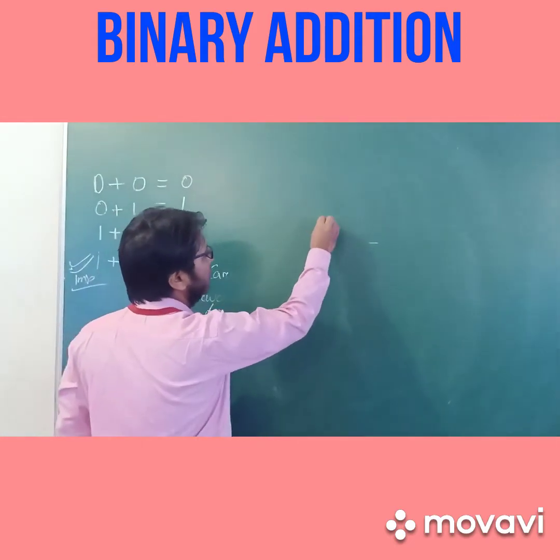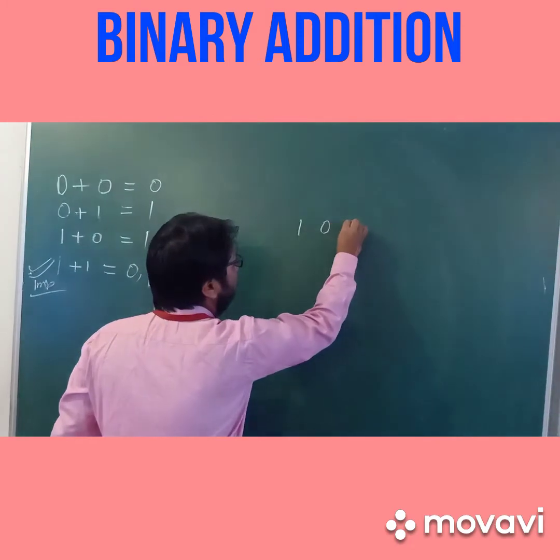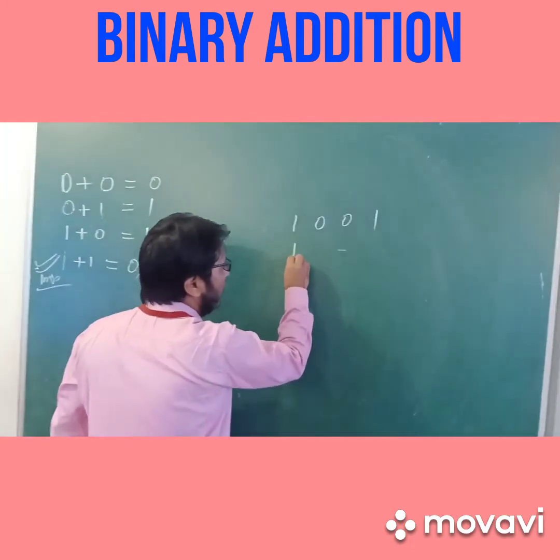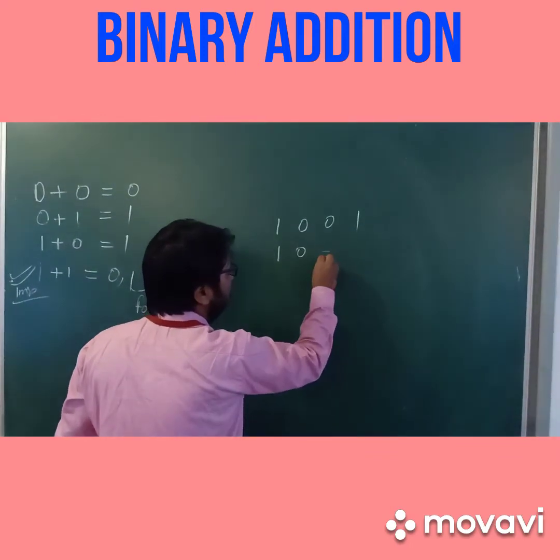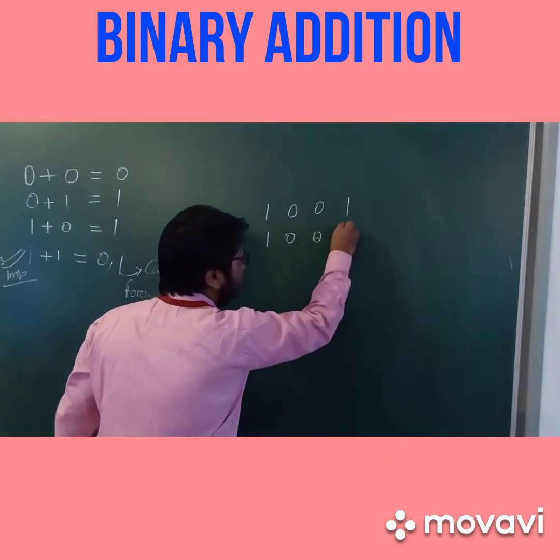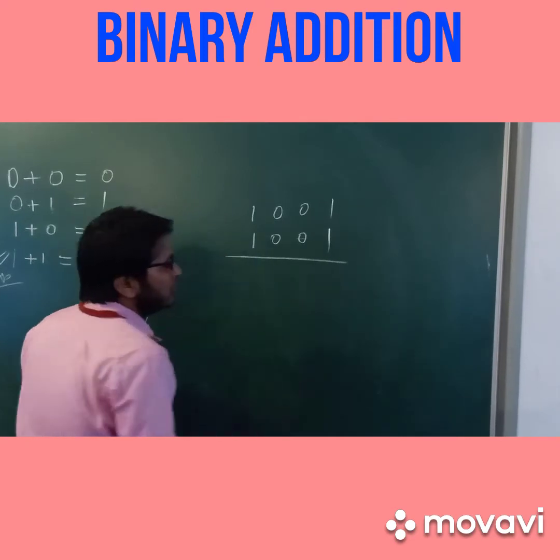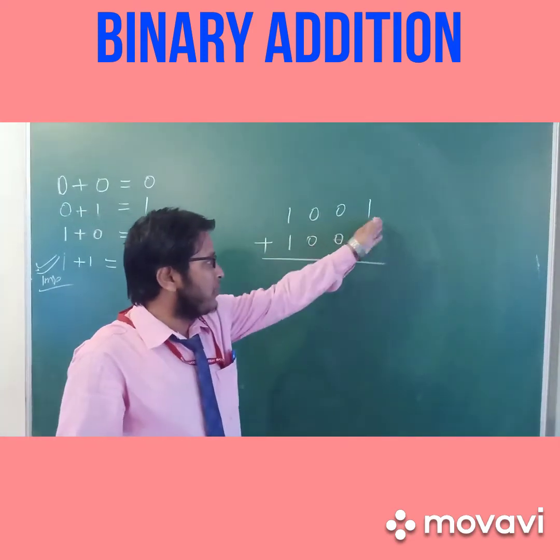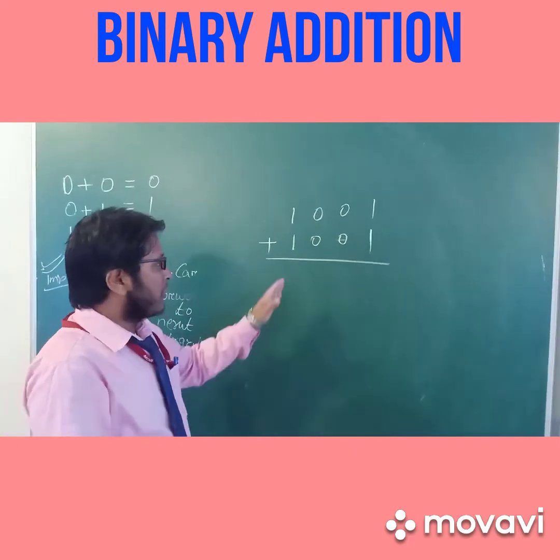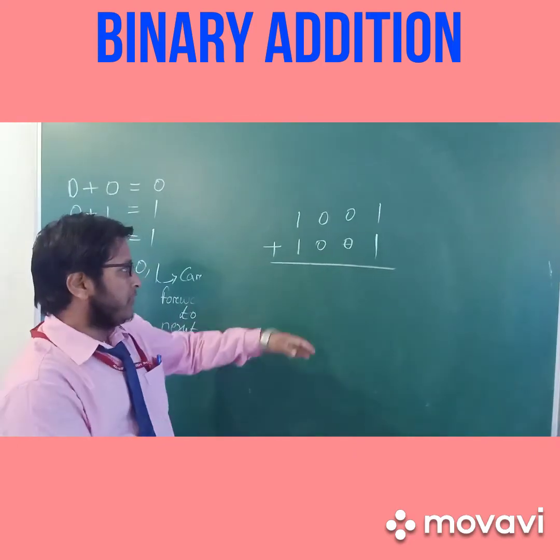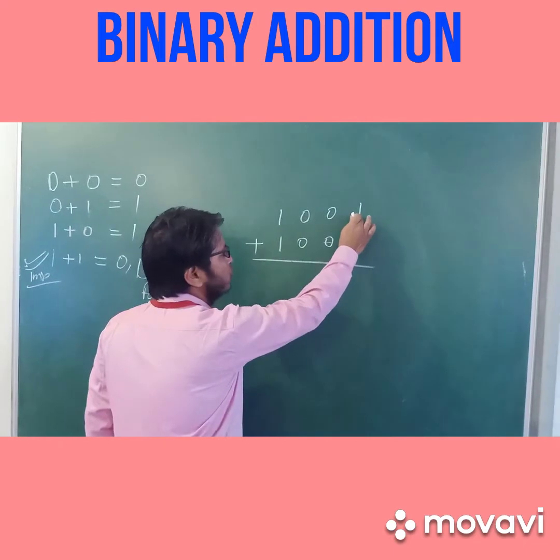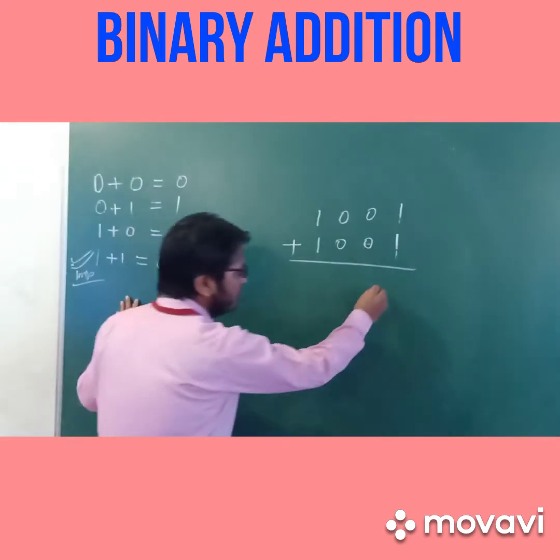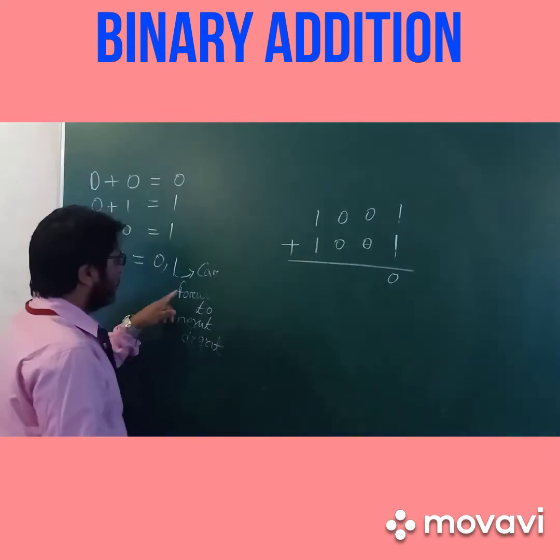So for example, 1 0 0 1 and 1 0 0 1. We just do the addition. This is a binary number, this is also a binary number. Then how do we add? You see, 1 plus 1 is 0, carry 1.